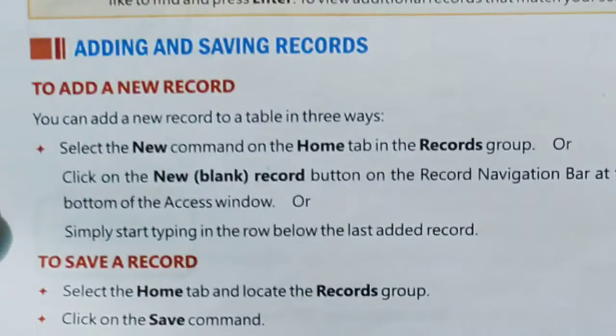When you view another record or close the table, the new record that you added is saved. We have another method: select the Home tab, locate the Records group and click on the Save command to save your data.